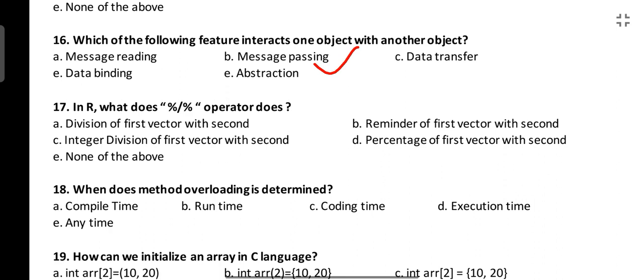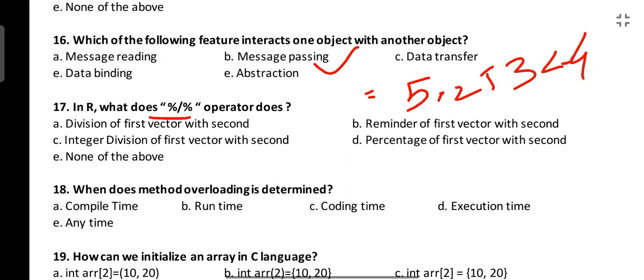In R, what does this operator do? This operator is an integer division operator. What does this mean? Suppose we have a vector having 3 elements 5.25, 3 and 2.4, and a second vector 2, 3, 1.